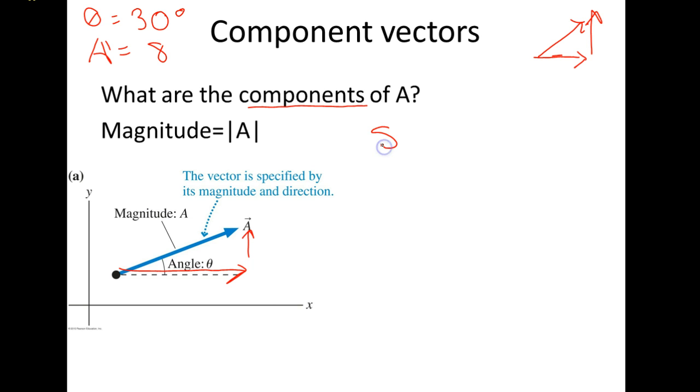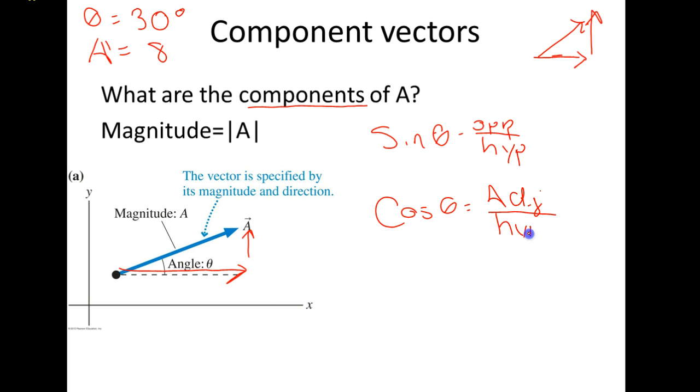I've got to decide which trig function I have to use. I know that sine of theta is equal to opposite over hypotenuse. I know that cosine of theta is equal to adjacent over hypotenuse.